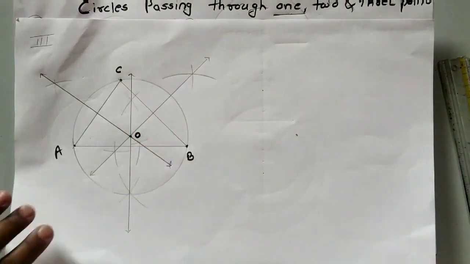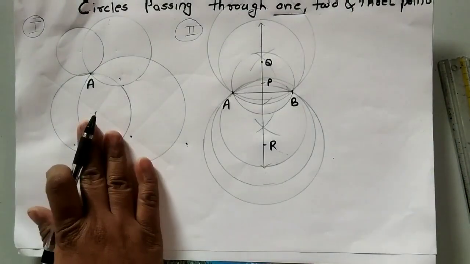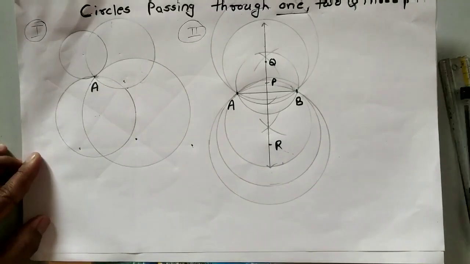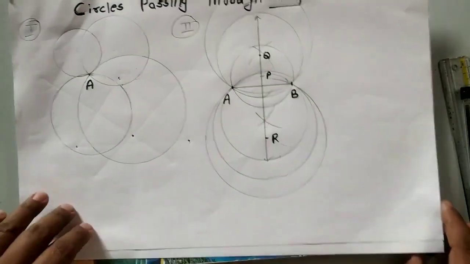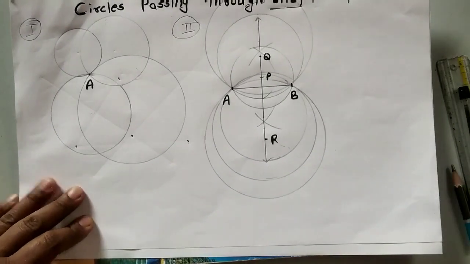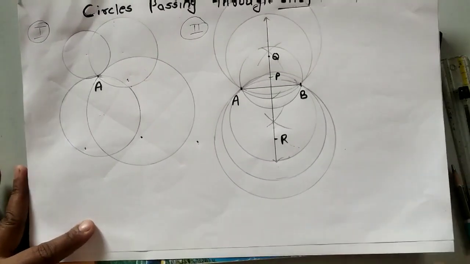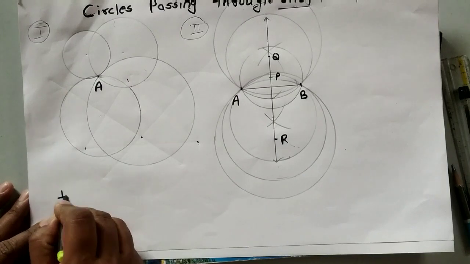In the first activity, we saw how many circles pass through a single point, and its answer is infinite circles.